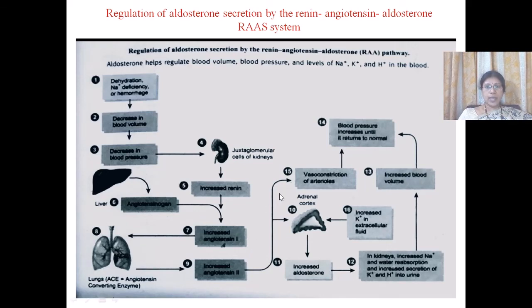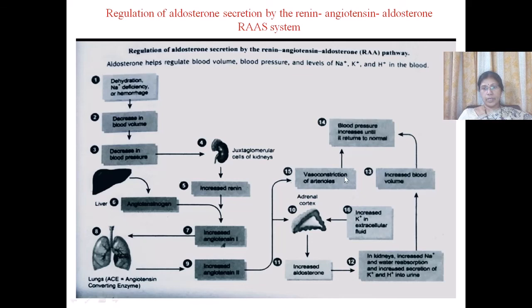It causes vasoconstriction of arterioles and thereby reduces the flow of blood in capillaries leading to the kidney, and it stimulates water reabsorption and sodium chloride reabsorption in the proximal convoluted tubule.